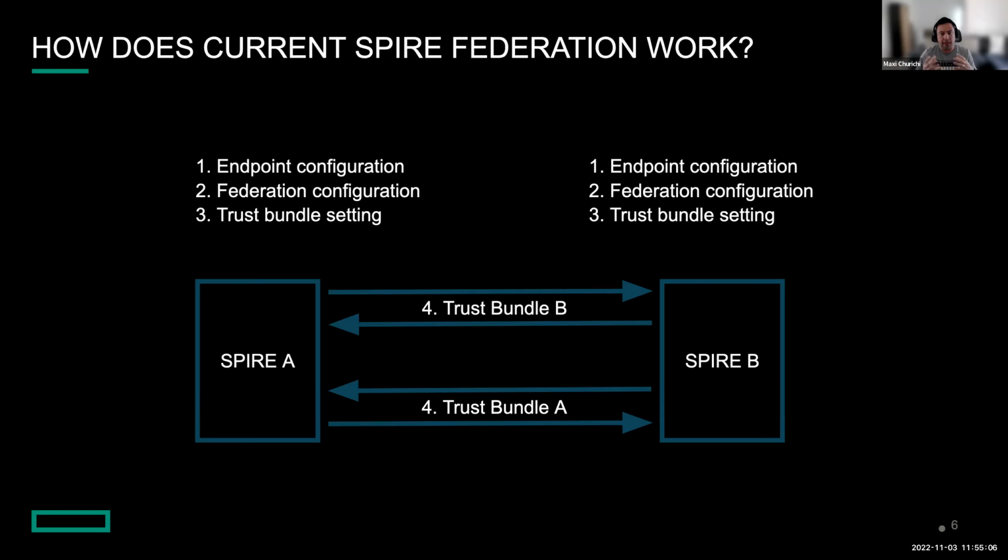And well, once you have all of this configuration in place, you can spin up the SPIRE servers. Based on this configuration, SPIRE A is going to reach out to the bundle endpoint on SPIRE B and fetch its bundle. And SPIRE B is going to do the same the other way around. And they are going to be periodically doing this to make sure that the bundles on the other side are getting updated.